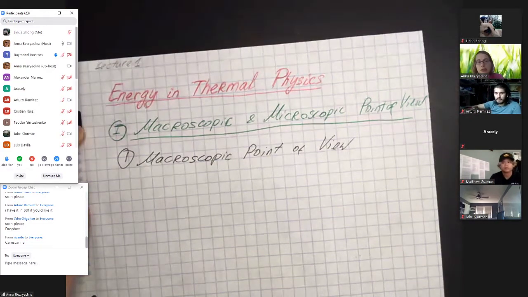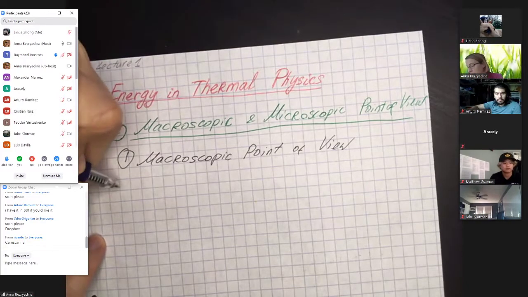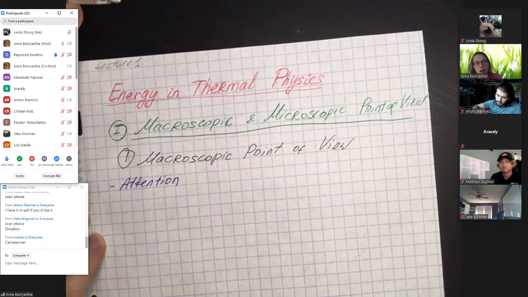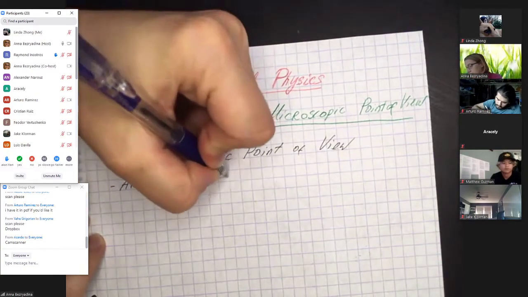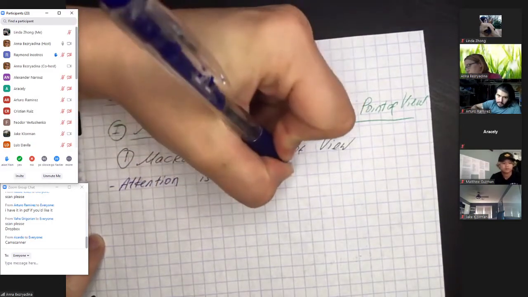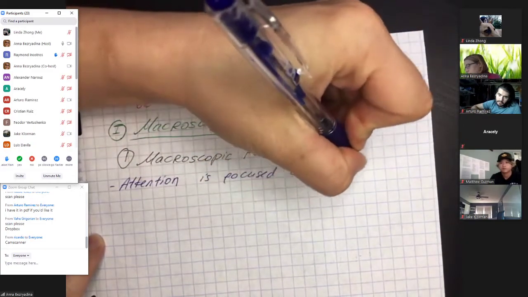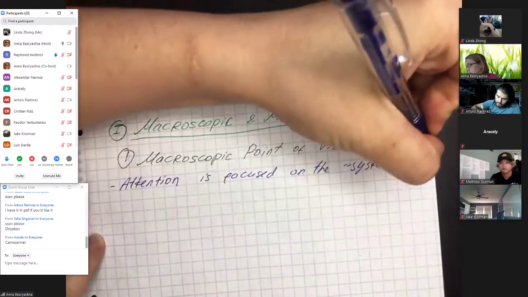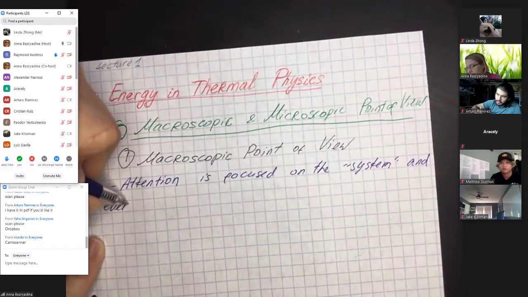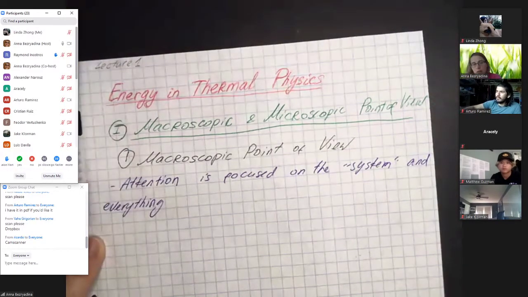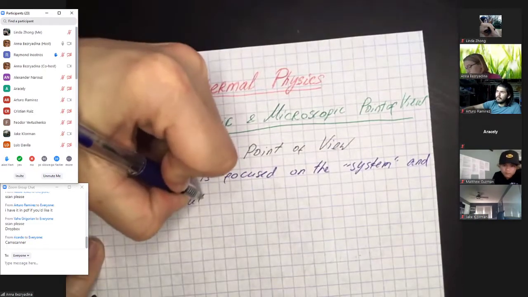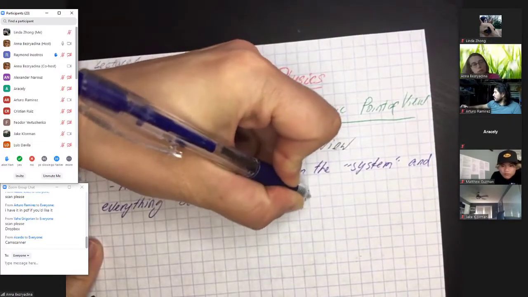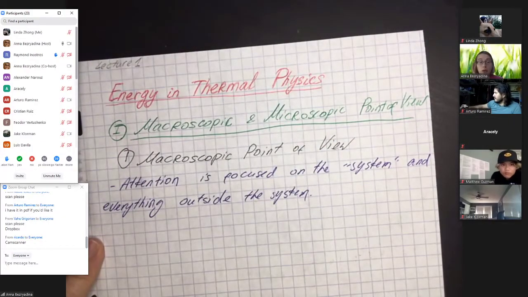And you'll see how it's different when we're talking about microscopic. So macroscopic: attention is focused on the system, and everything outside the system, which has a direct effect on its behavior.